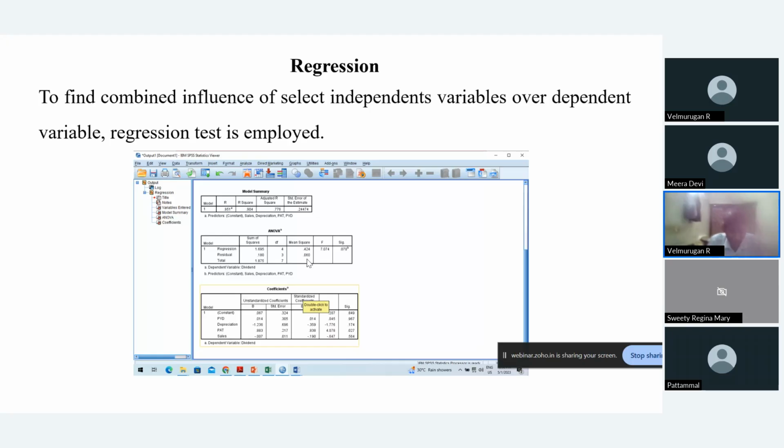R-square is nothing but the contribution of all the selected independent variables. In our example, it stood at 0.904. It implies the selected independent variables contribute to the dependent variable by 90.40%. So if you are strong in review of literature, you can select appropriate independent variables, and thereby your R-square value will be high.